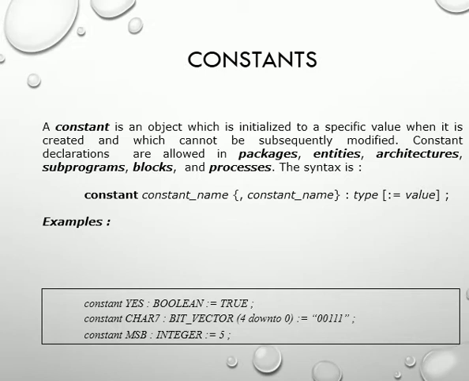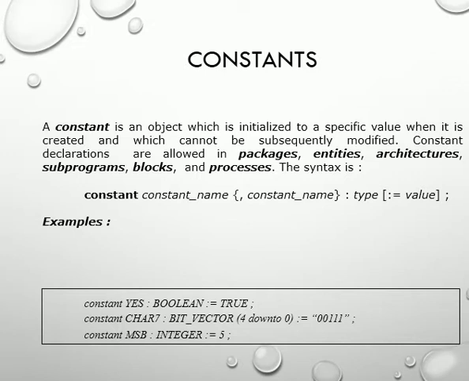The initial value that is declared is 00110, and then followed by a semicolon. Then constant MSB, which is an integer type, and it has the value 5. So these are the examples of constants.